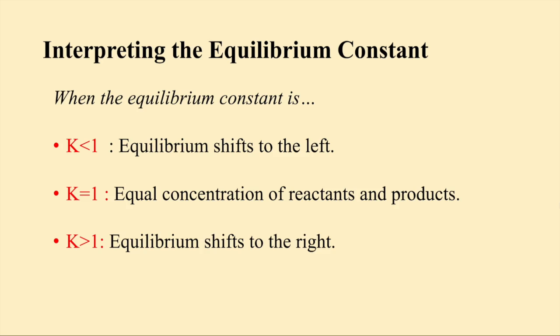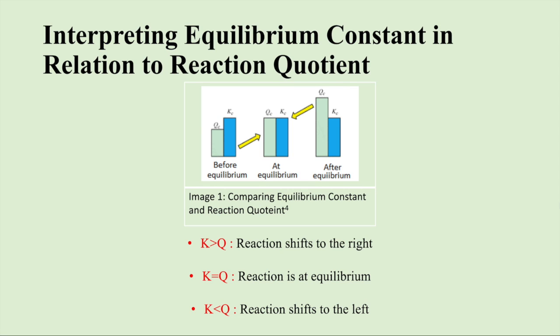Now we can also compare the equilibrium constant to the reaction quotient to predict the direction of the reaction. When the equilibrium constant is greater than the reaction quotient, the reaction will move to the right. When the equilibrium constant and the reaction quotient are equal, this means that the reaction has reached equilibrium.